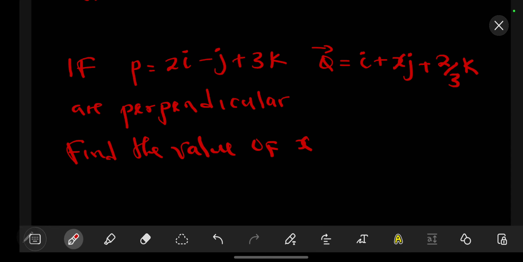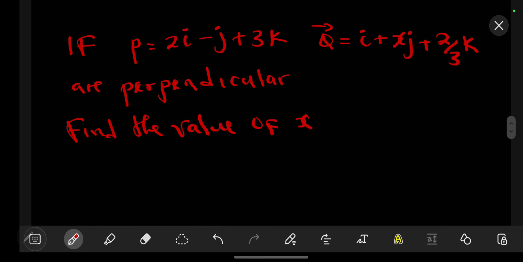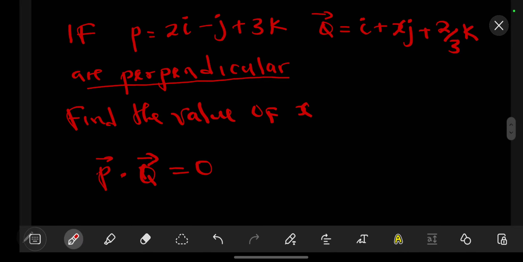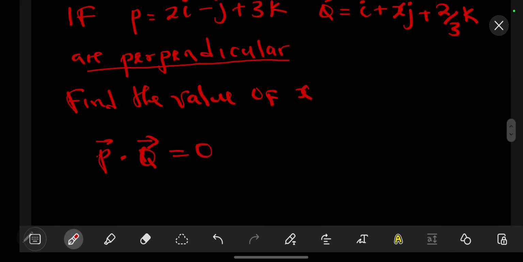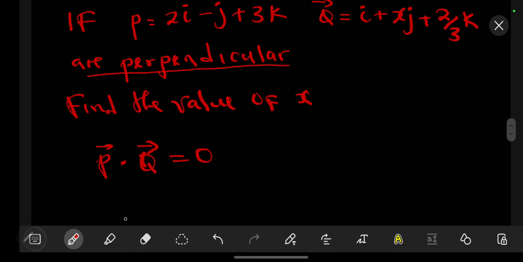So let's say the question: if P is equal to this, Q is equal to this, and they are perpendicular, find the value of X. So how do we do this one? Immediately they have already told you they are perpendicular. It means you can use the concept of the vector P dot the vector Q, which should give you 0. So we can write our equation like this.